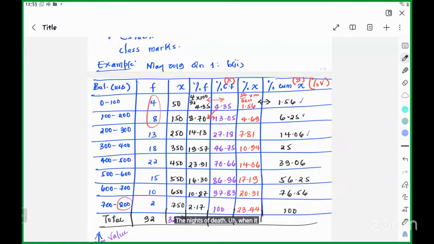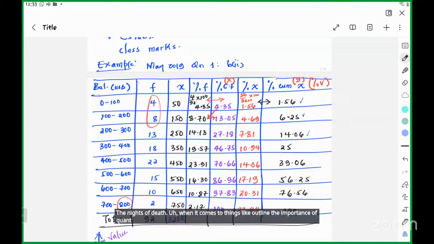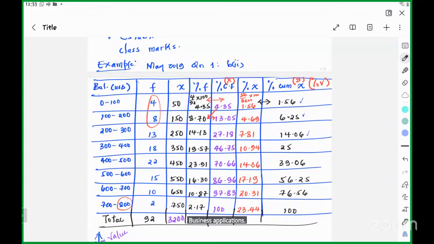When it comes to things like outline the importance of quantitative methods in day-to-day business applications, and then the handwriting is not so clear, but the answers are okay, the guy will struggle. He'll start to underline words he shouldn't have.